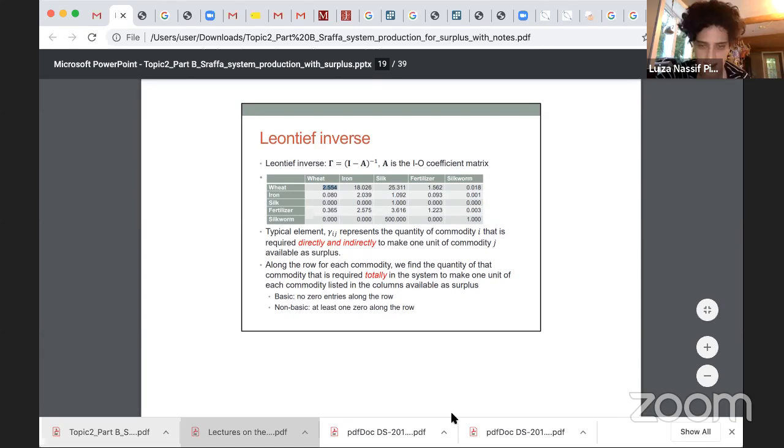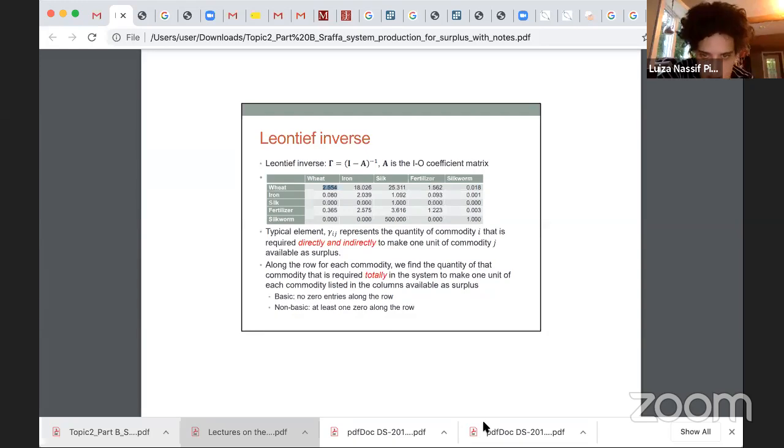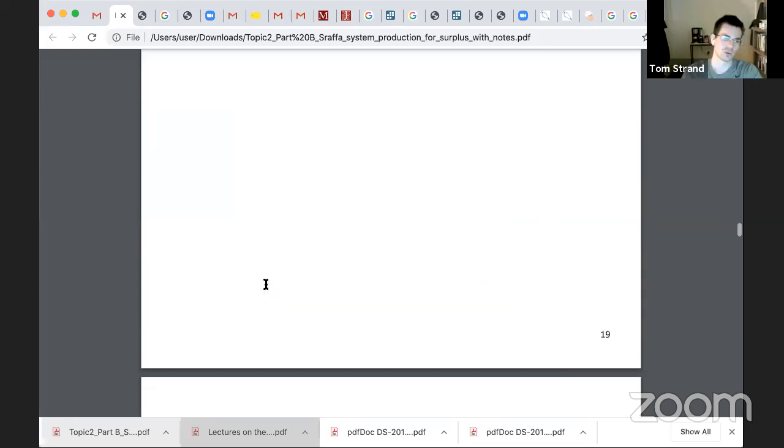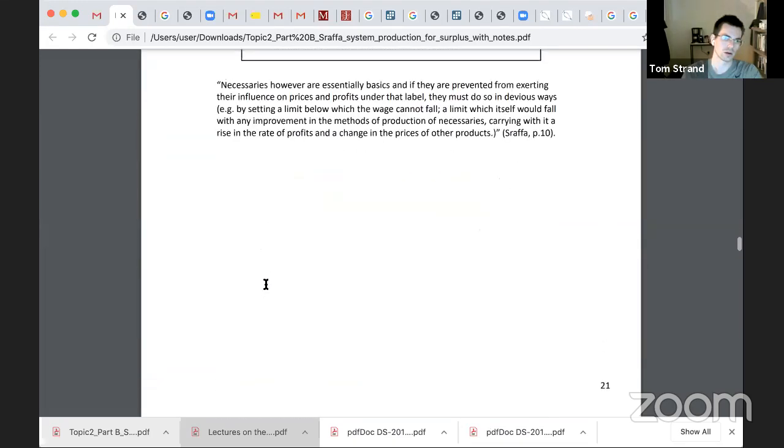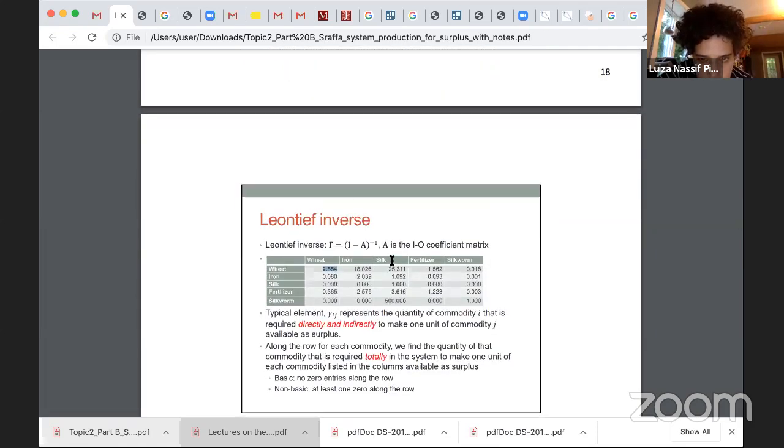So now, any questions on this? When you increase silkworm, though, you would get more silk, right? Mm-hmm. But you increase silk, you don't get more silkworm. When you increase silk, you get more silkworm, because the proportion is 1, right? No, because you don't use silk in silkworm.